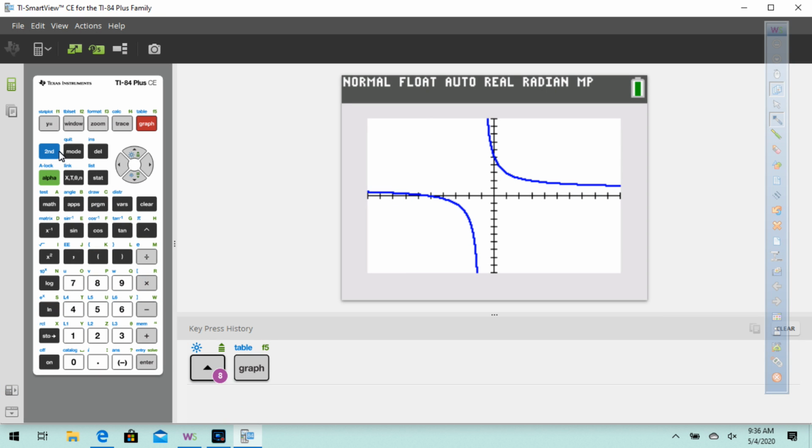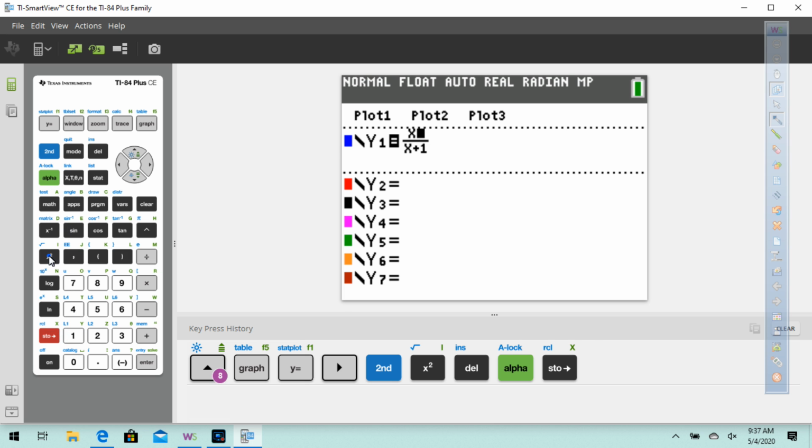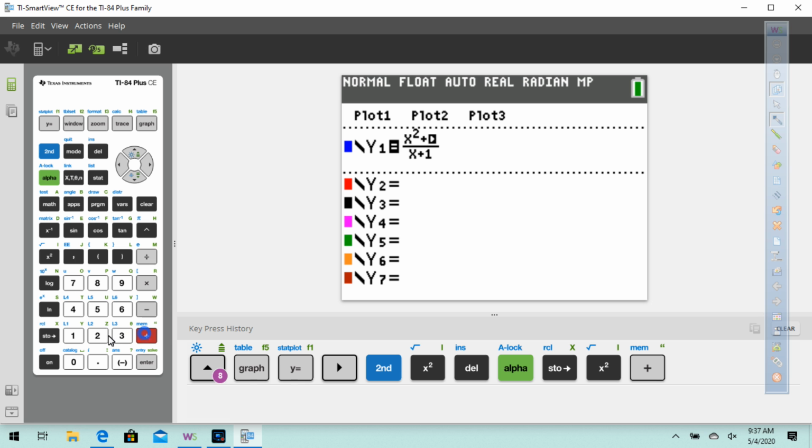So let's go up here. Second, x, delete that. Alpha x squared, and we got plus 2x minus 3.